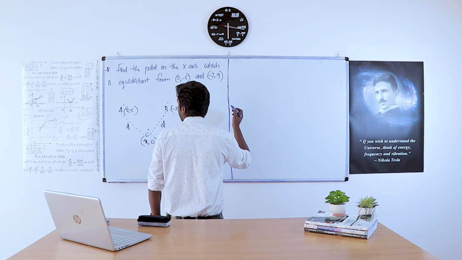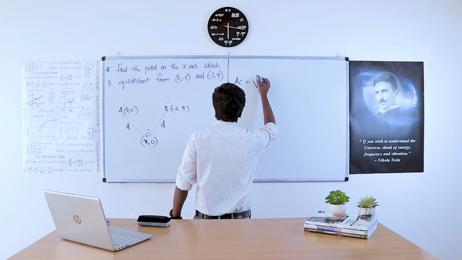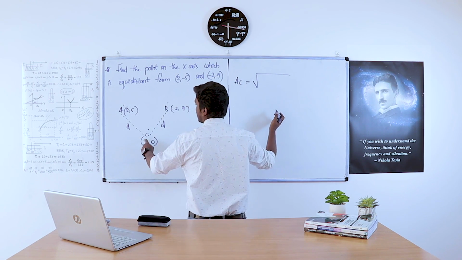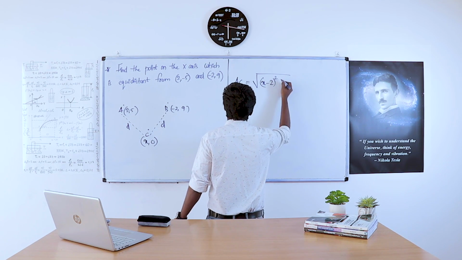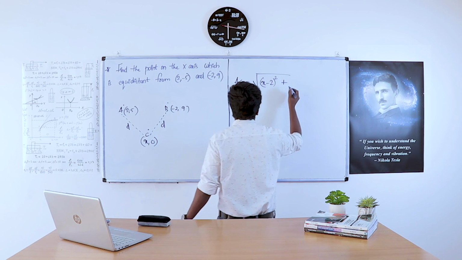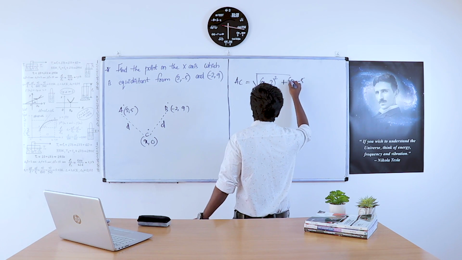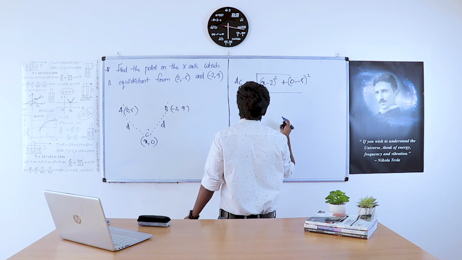First, I am finding the distance AC. AC is equal to root of x2 minus x1, that is x minus 2 the whole square, plus y2 minus y1, 0 minus minus 5, the whole square. That is equal to root of x minus 2 the whole square.